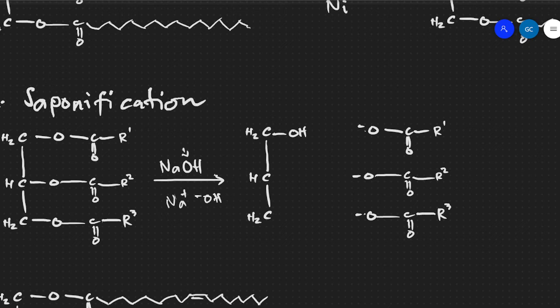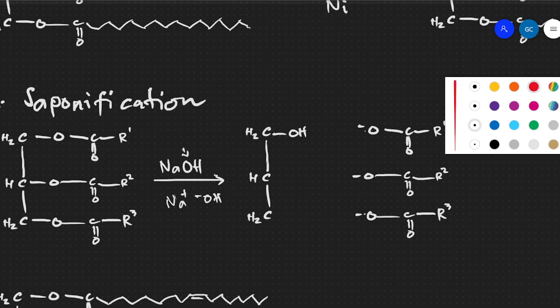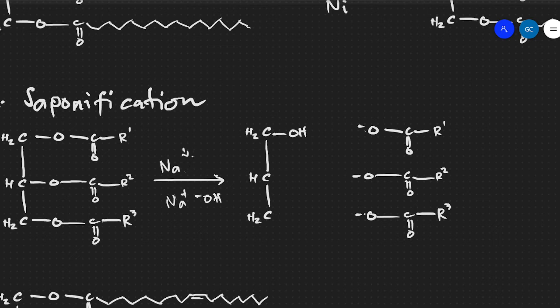So, para maging mas malinaw doon, isulat natin siya gamit ang ibang kulay. So, halimbawa, let's say we have here our NaOH. Yung OH na mag-a-attach dun sa ating glycerol ay actually yung hydroxide na galing dun sa ating NaOH.